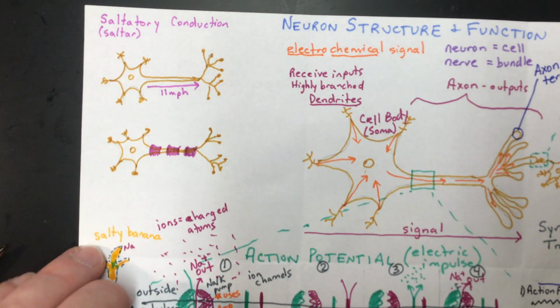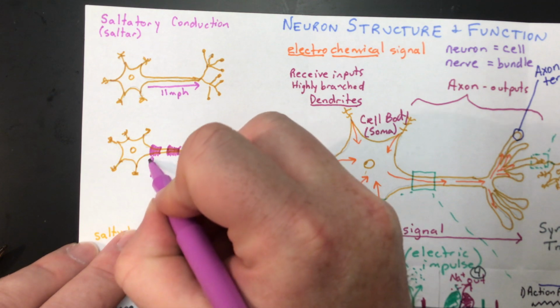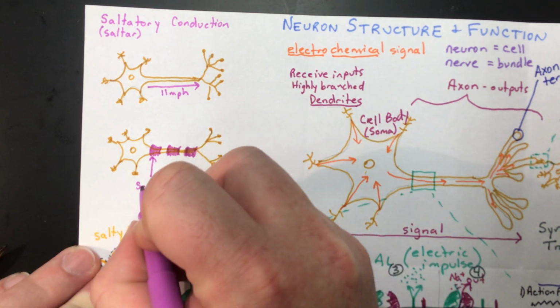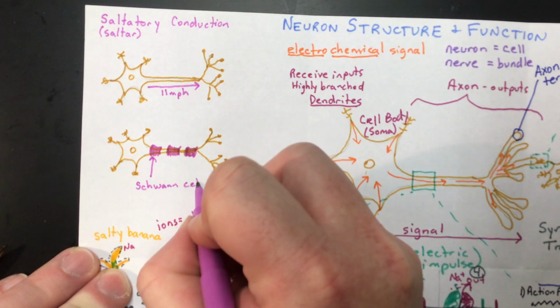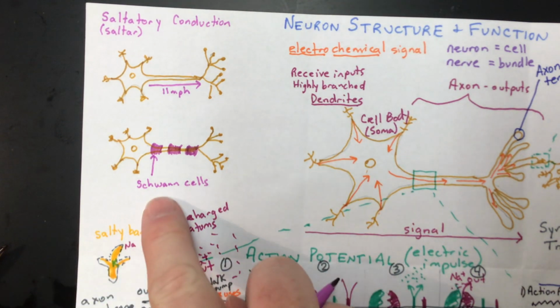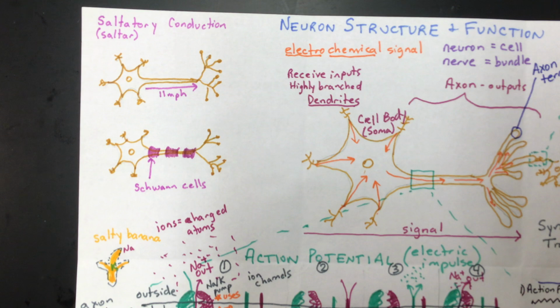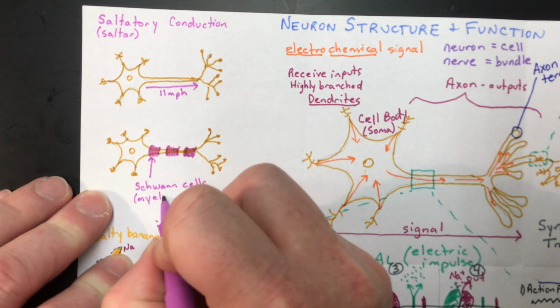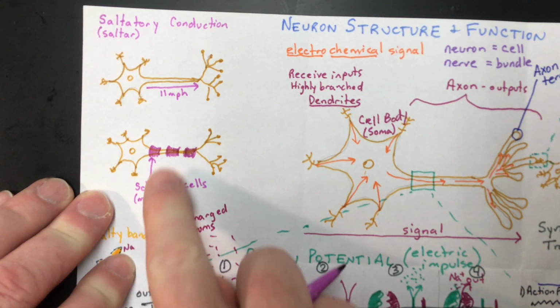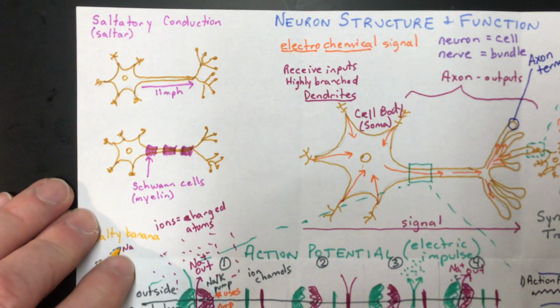And each of these things right here are called Schwann cells. And it's named after a person, Dr. Schwann, that kind of discovered those cells or described those cells. And Schwann cells provide a substance to the axon called myelin.